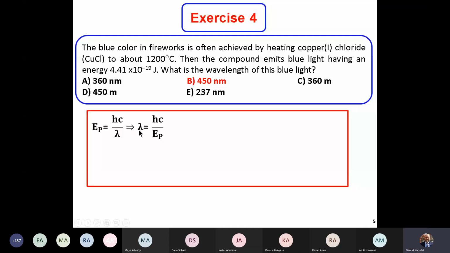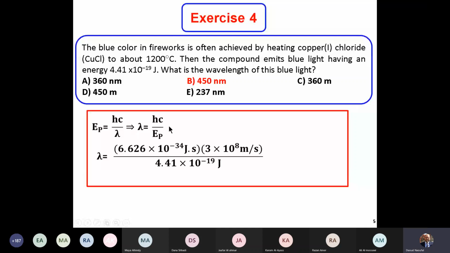Lambda equals 6.62 × 10^-34, c is 3 × 10^8, and the energy should be used in the international system, joule. So we obtain lambda in the international system unit, in meters, equal to 4.5 × 10^-7 meter.